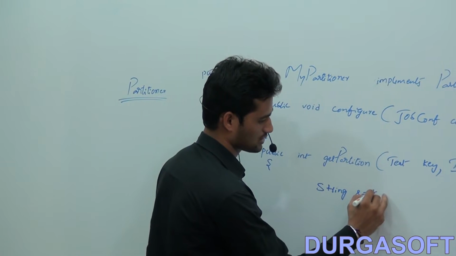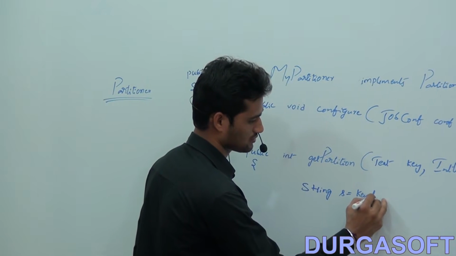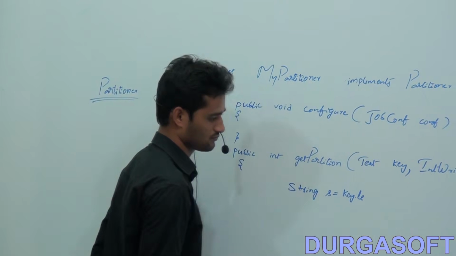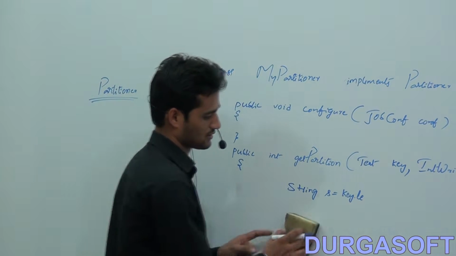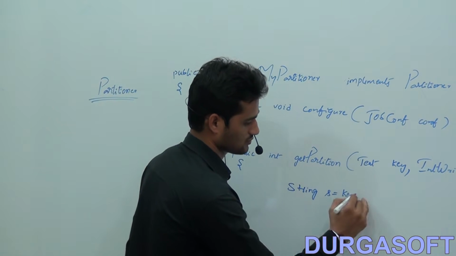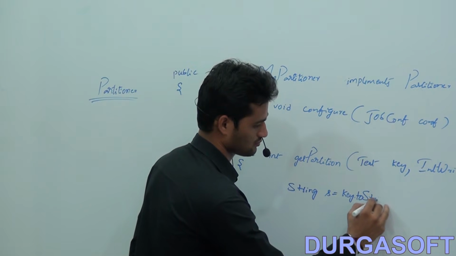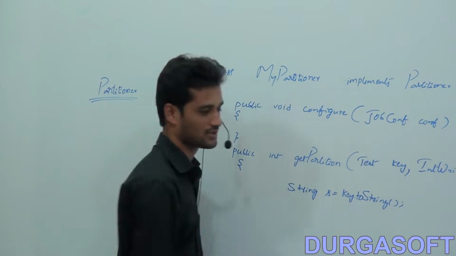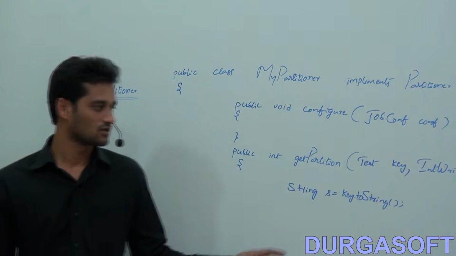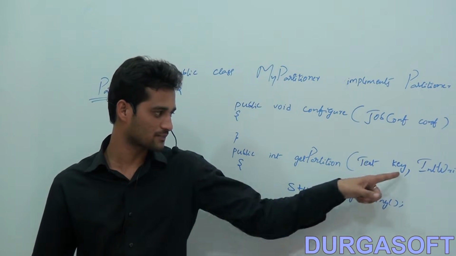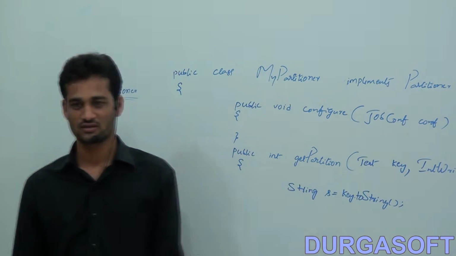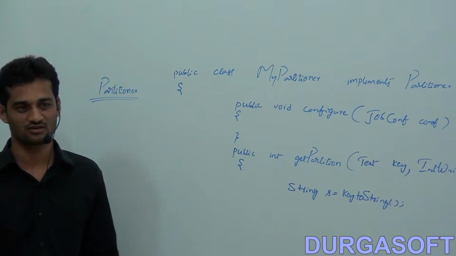String s is equal to key dot toString. Got it? So first you have to convert this Text type key into String type, and then you can find its length, because the length method is there in the String class.